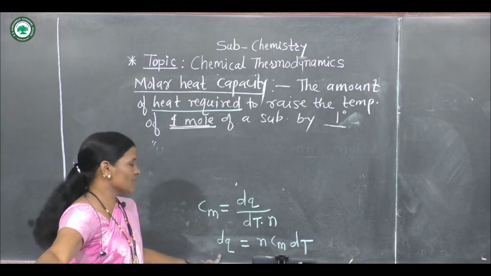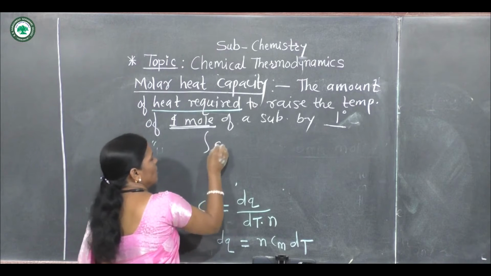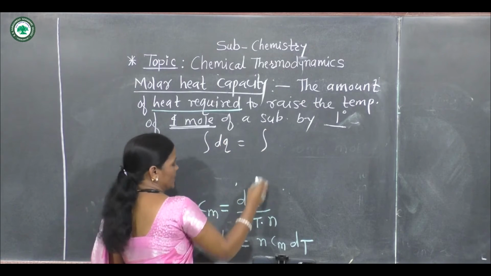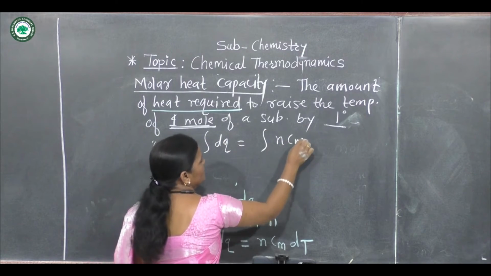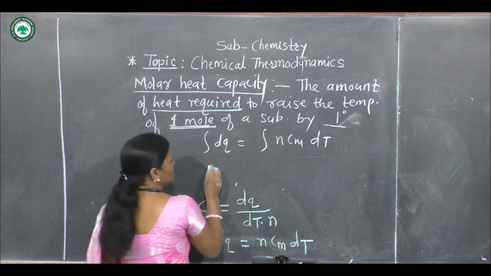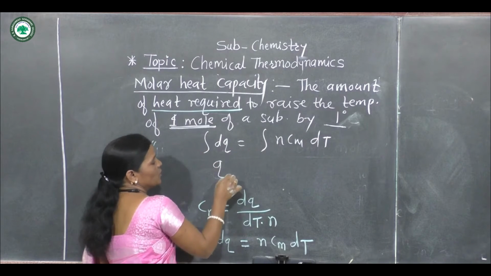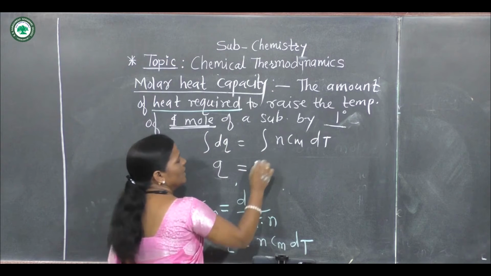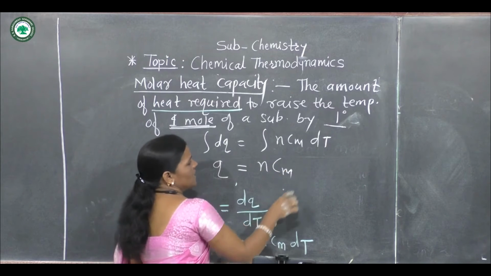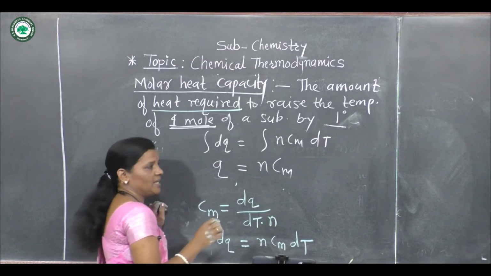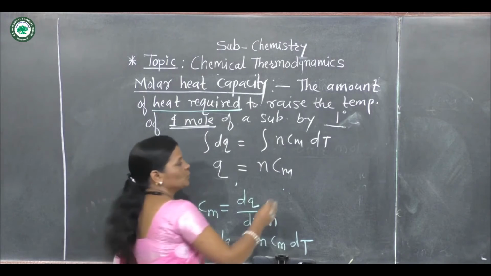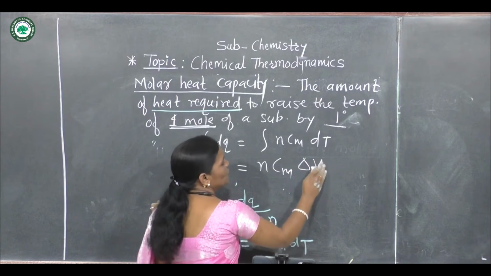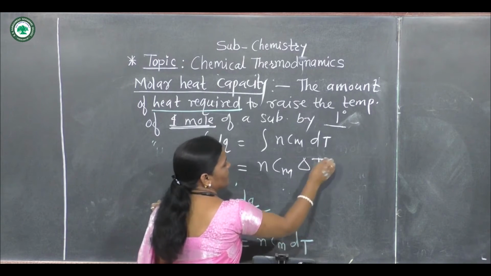Integration of dq is equal to integration of N Cm dt. We get the integration of dq, that is q, N into Cm as it is, and the integration of dt with limits from t1 to t2 provides the value del t.